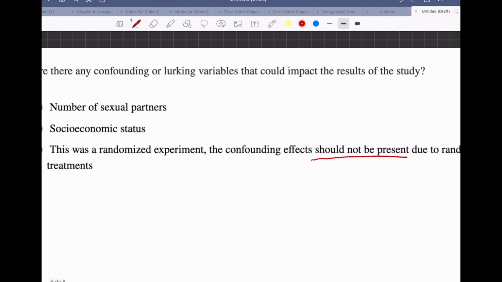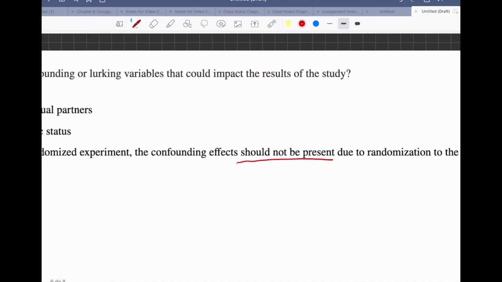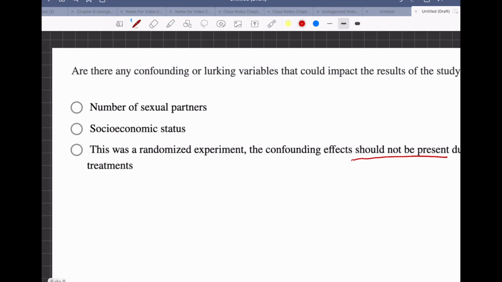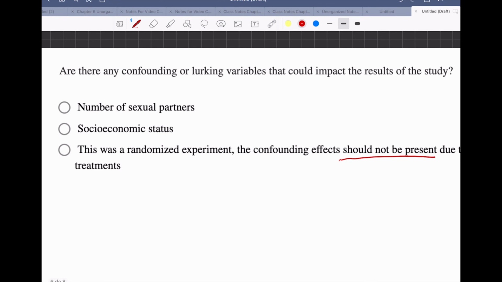I don't think they disappear completely, but due to randomization, they are minimized as much as possible. Anyway, the answer from the book is that they shouldn't be present, but they could be. The purpose of a random experiment is that we avoid these effects as much as possible if the experiment was done correctly.